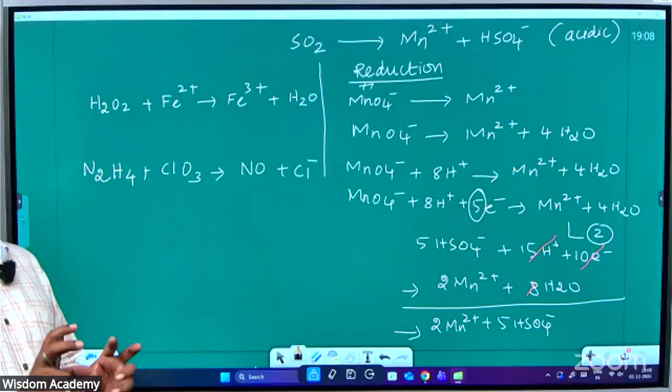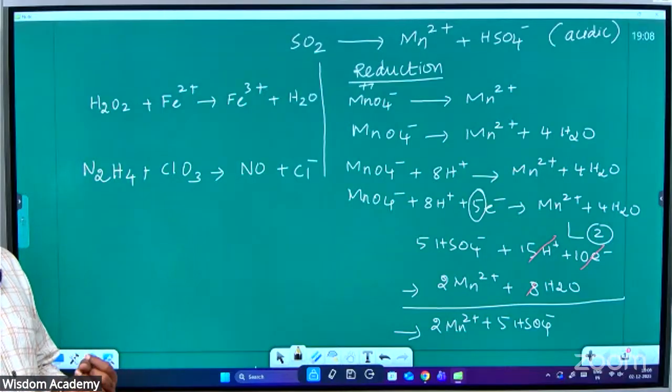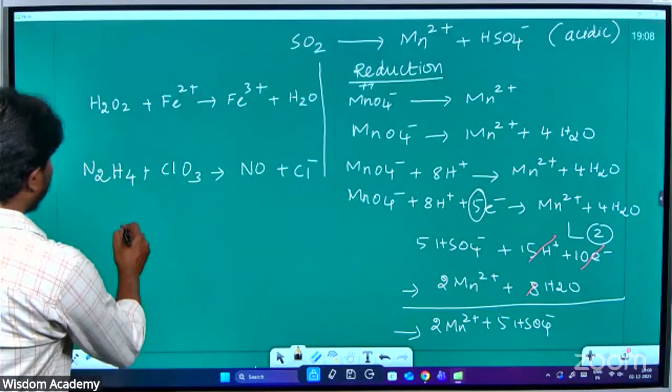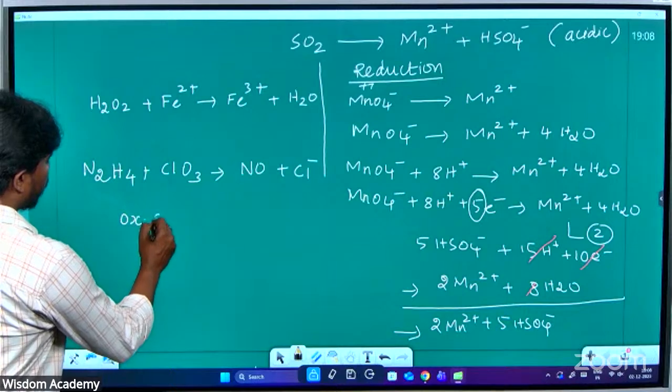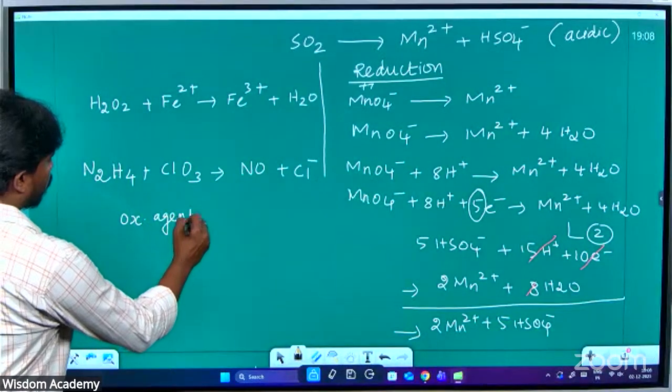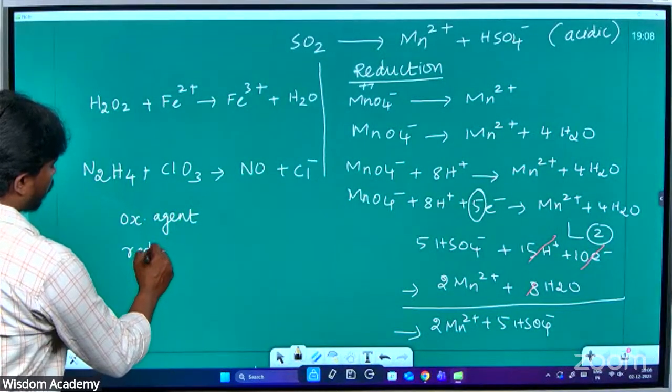Students, try to identify the substance that gets oxidized, reduced, and the oxidizing agent and reducing agent. Tell me directly: oxidizing agent and reducing agent.